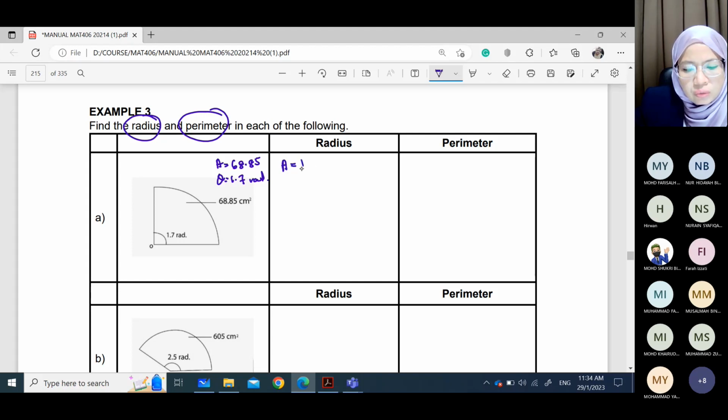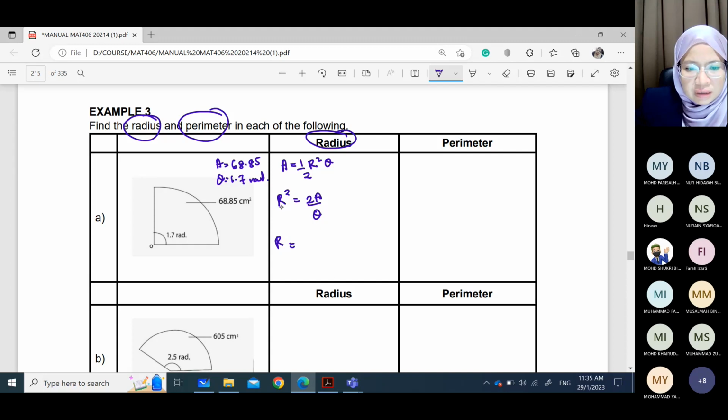A equal to 1/2 R power of 2 theta. Okay, nak dapatkan radius, kita gerakkan 2 ke sebelah dan juga theta ke sebelah. So kita akan dapat R kuasa 2 equivalent with 2A over theta. Okay, so yang ini R sahaja, nak radius sahaja.